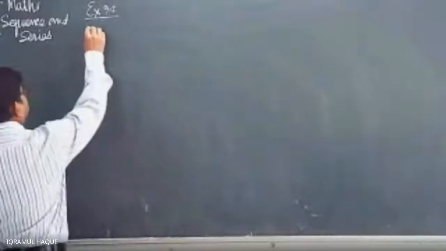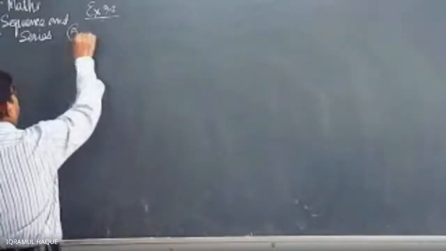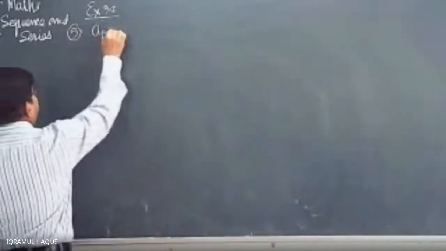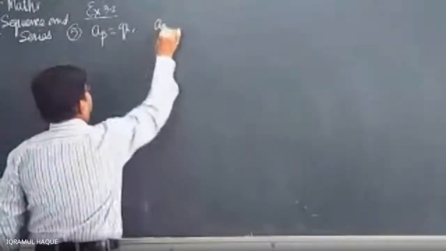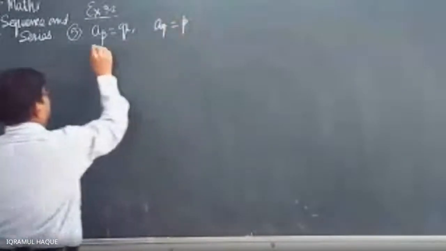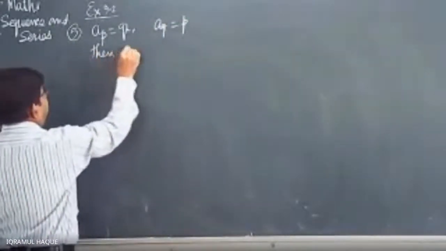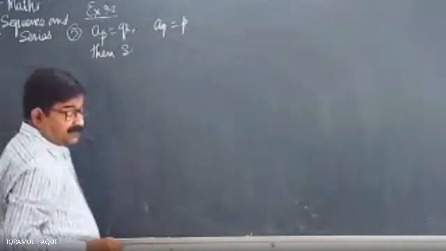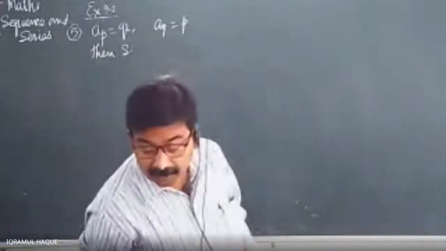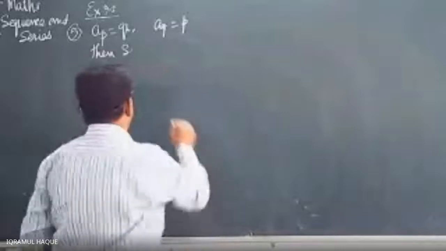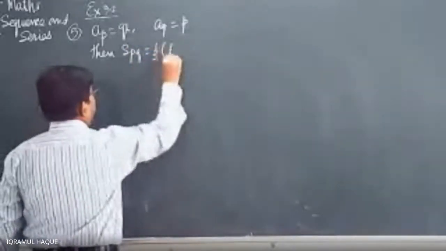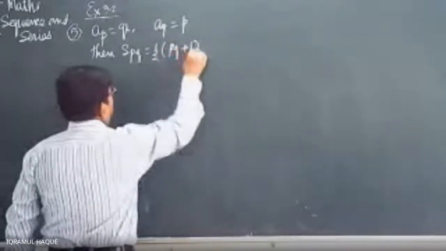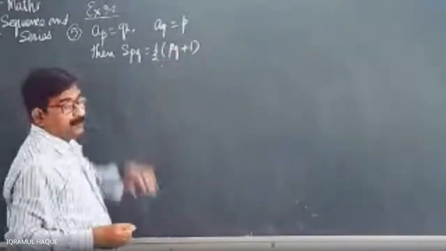See, question number 5: AP is given as 1 upon Q and AQ is given as 1 upon P. Then the sum of the first PQ terms, SPQ, is 1 upon 2 (PQ plus 1). We have to prove this.